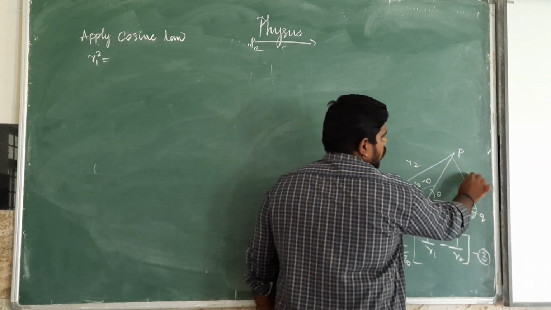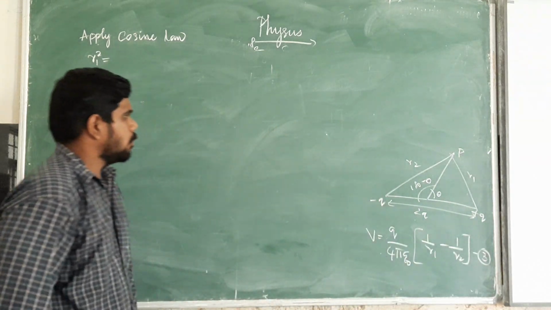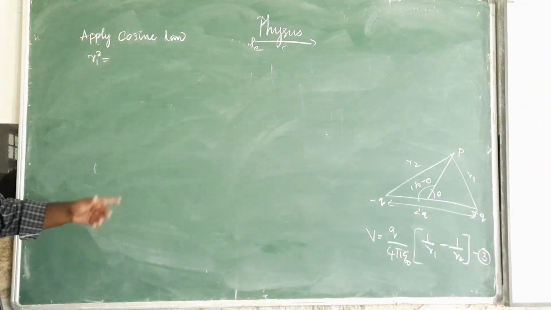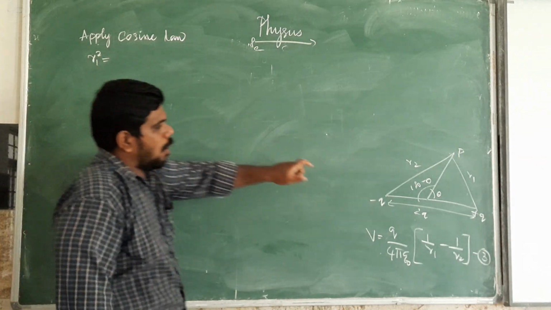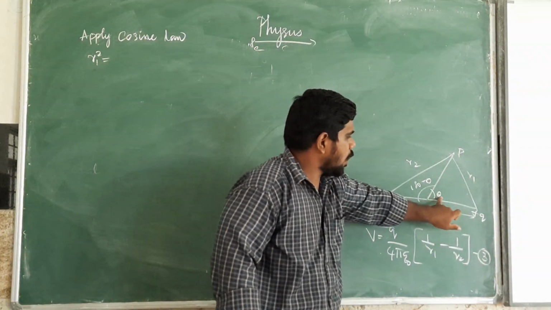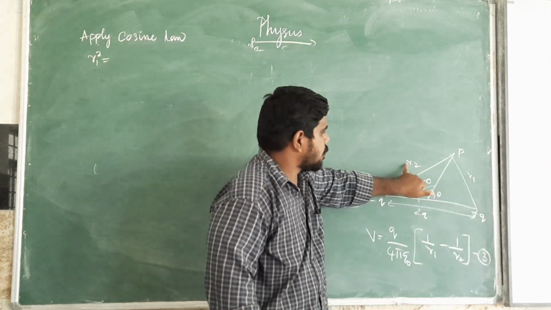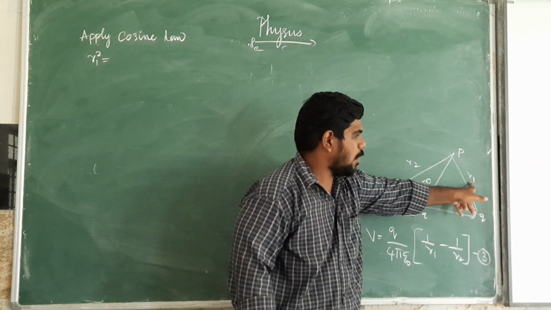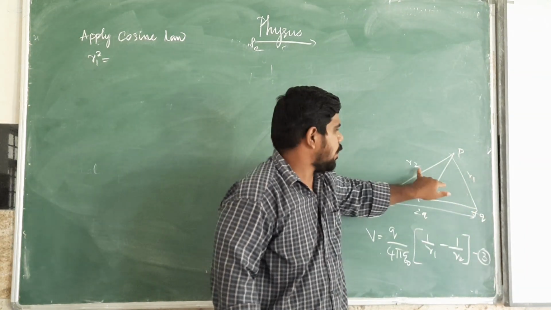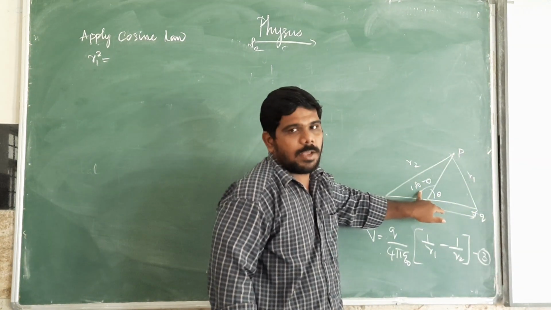For the distance R1, the angle will be theta. For the distance R2, the angle will be 180 minus theta, okay?